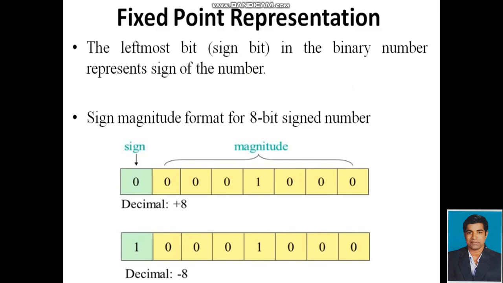We give a binary weightage to each bit: 2 power 0 for the first bit, 2 power 1 for the second, 2 power 2, 2 power 3. In the place of 2 power 3 we have 1. That means 2 power 3 is the binary weightage, multiplied with 1, we get 8. Similarly, for negative number representation, the sign bit value, the most significant bit value, is 1.